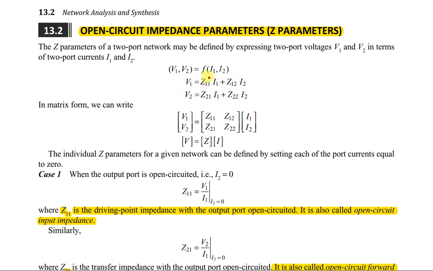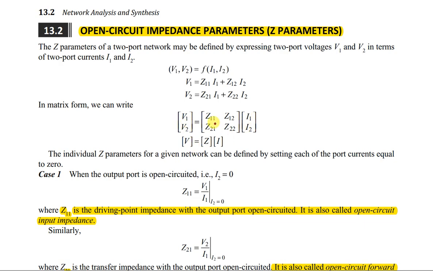Now I want to find what this Z11 is. If I write this in the form where V1 and V2 are expressed in terms of I1 and I2, later I can write it in matrix form. On the left side V1 and V2, and the four variables Z11, Z12, Z21 and Z22 are the Z parameters, and I1 and I2 we write here.